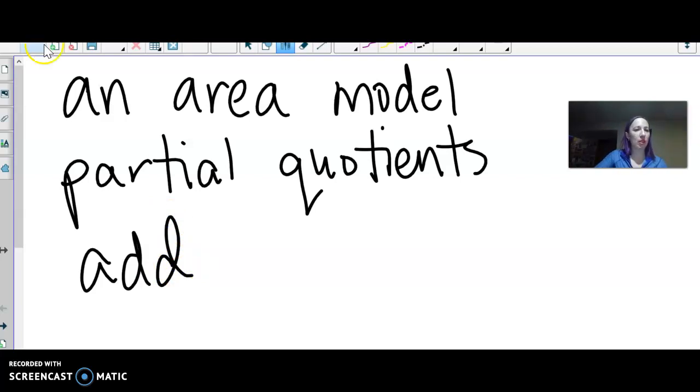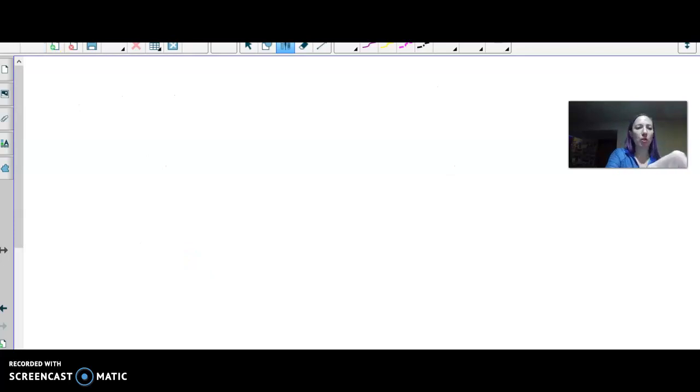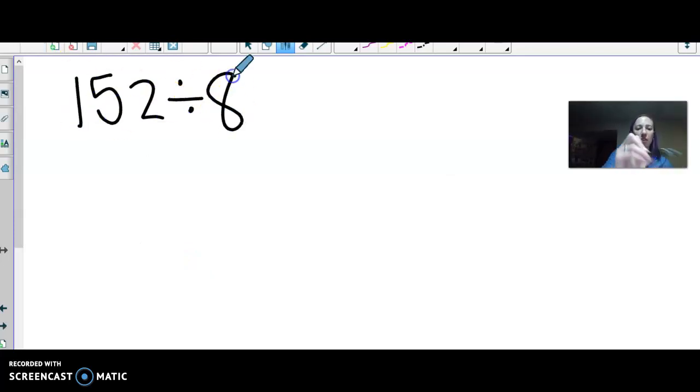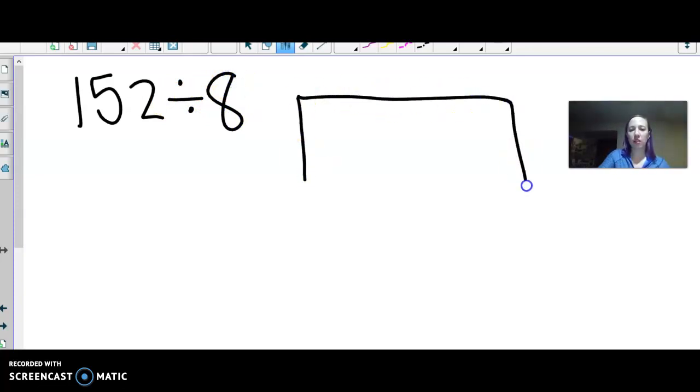All right. So we're going to do 152 divided by 8. So we can think of the area model. We're doing 8. We're going to guess and see which do we think should go there in order to get us to 152.